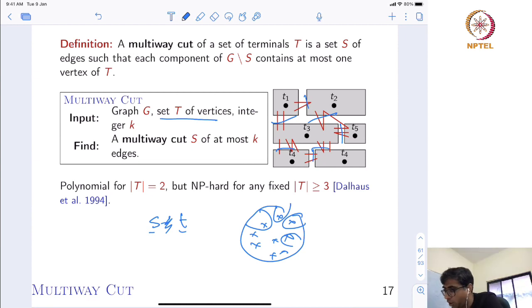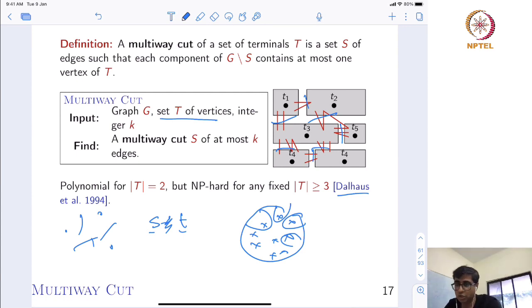This is definitely polynomial time for |T| equal to 2, but it is actually NP-hard even if you have just 3 terminals and want to delete the minimum number of edges, and this is known from a paper by Dahlhaus et al. from 1994.